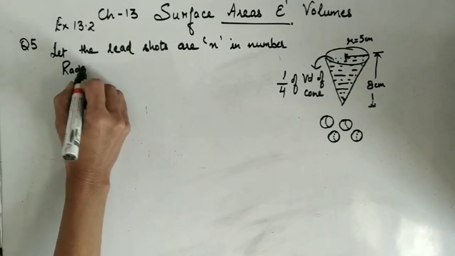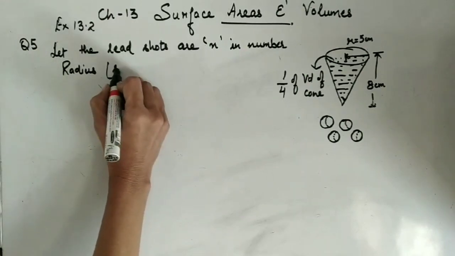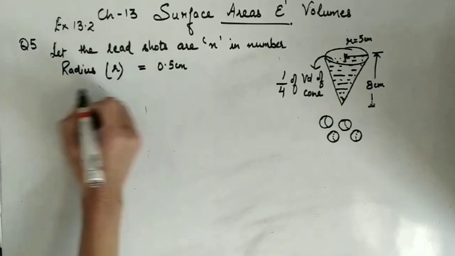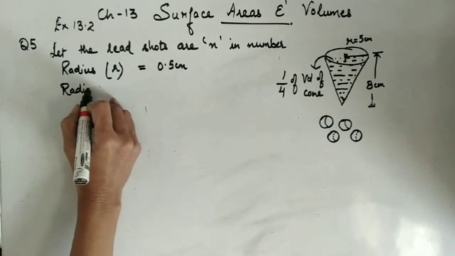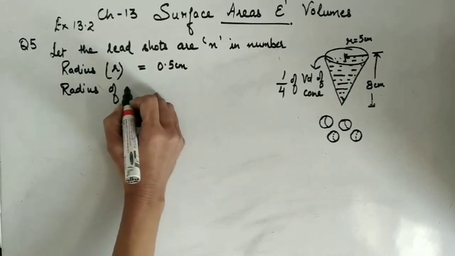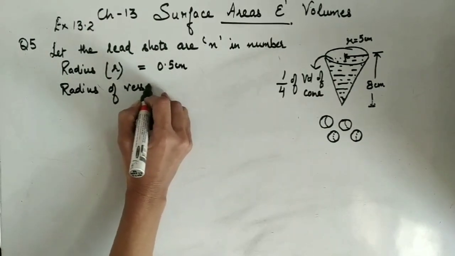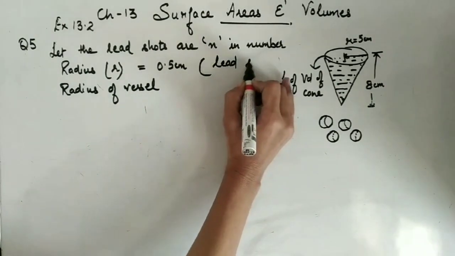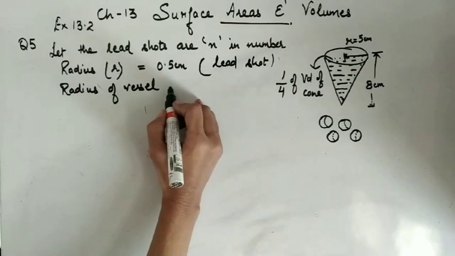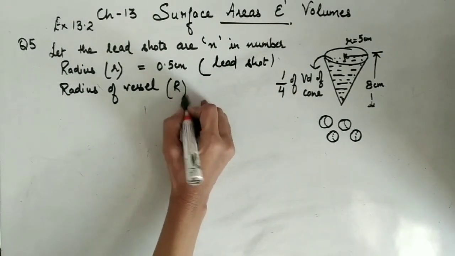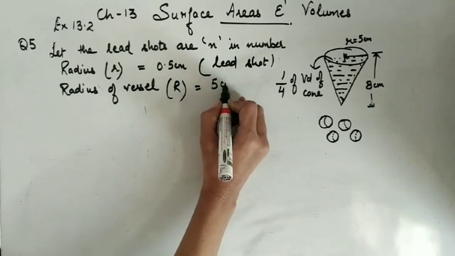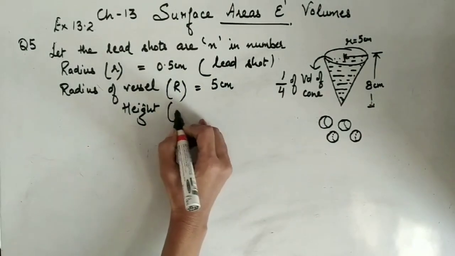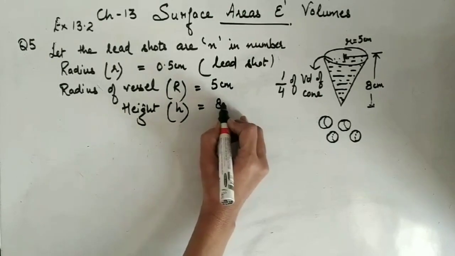I'll take small r for the radius of a lead shot, given as 0.5 centimeter, and capital R for the radius of the conical vessel, which is 5 centimeter, and the height h of the vessel is 8 centimeter.